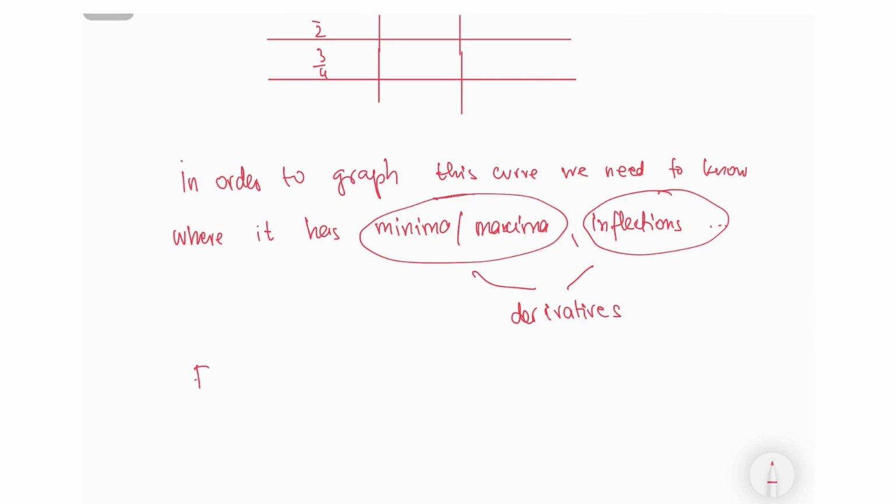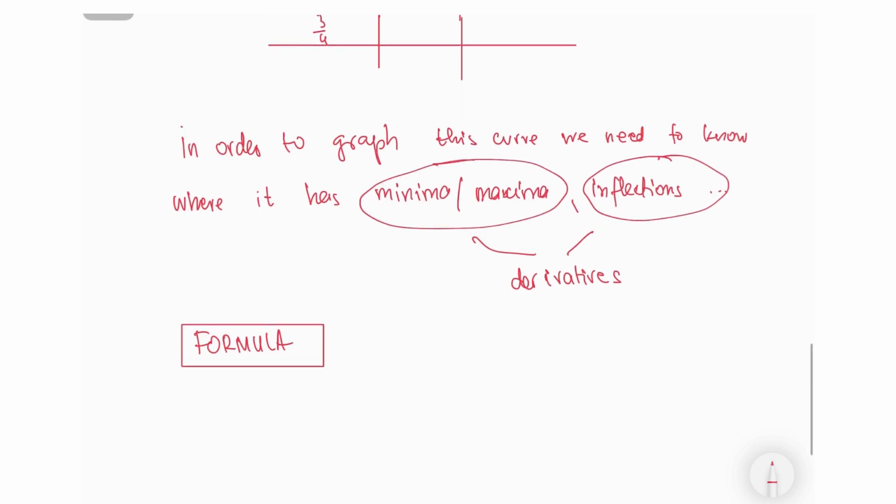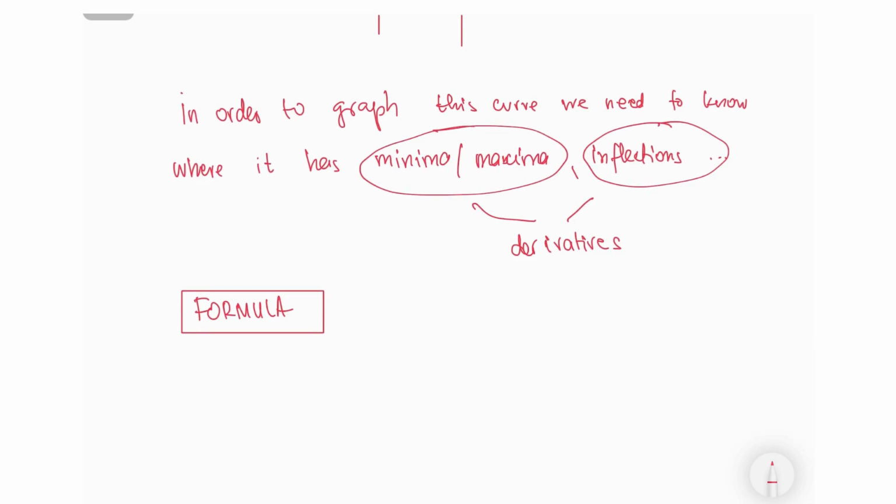Okay, so the formula is the following. It is basically the formula for the derivative of a composite function, and what we actually want is dy over dx.